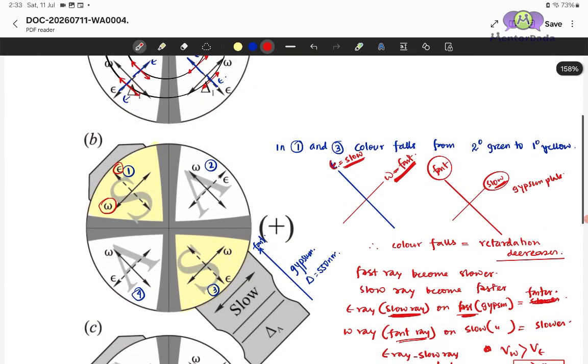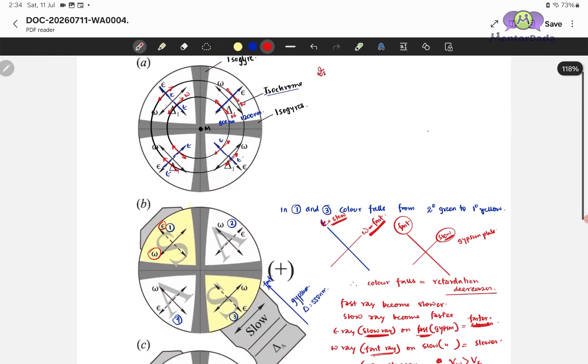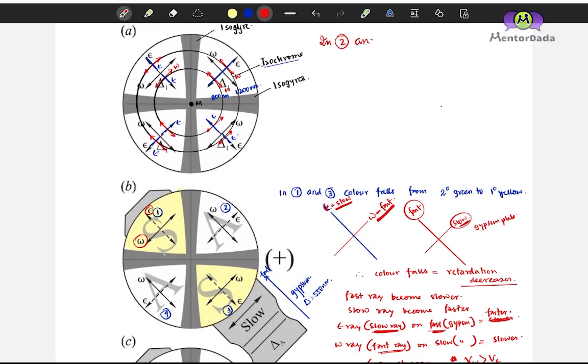And now see, suppose in 2 and 4, suppose color rises. So color rises means what? It means the retardation increases.